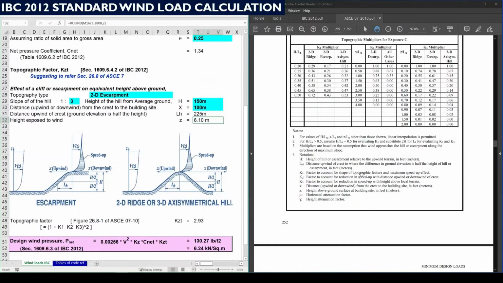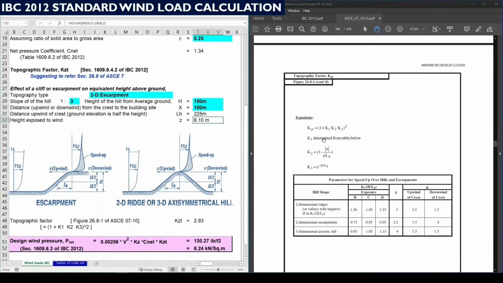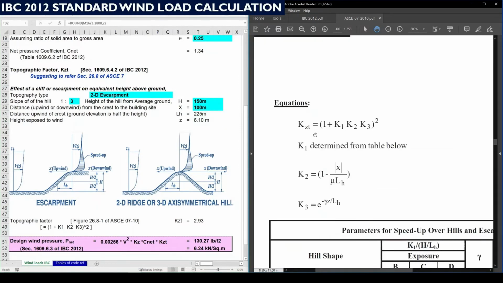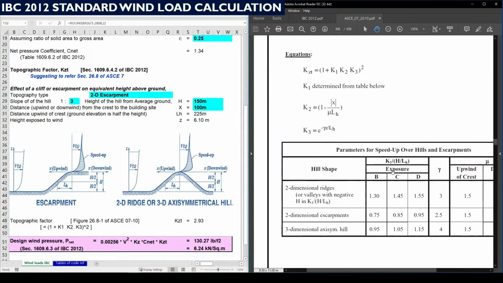Based upon the formula given in ASCE 7-2010, K is equal to (1 plus K1 into K2 into K3) whole square, where K1 is to be determined using this table, K1 divided by H by L_H, based upon the exposure factor.